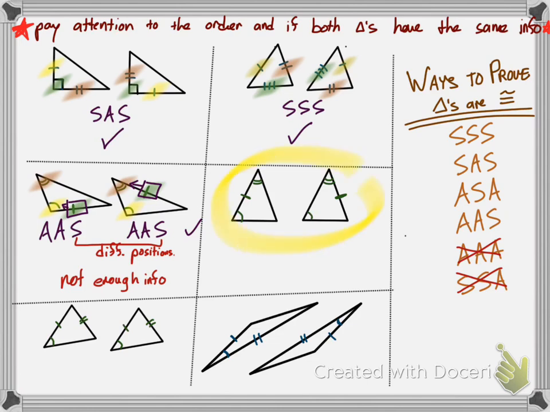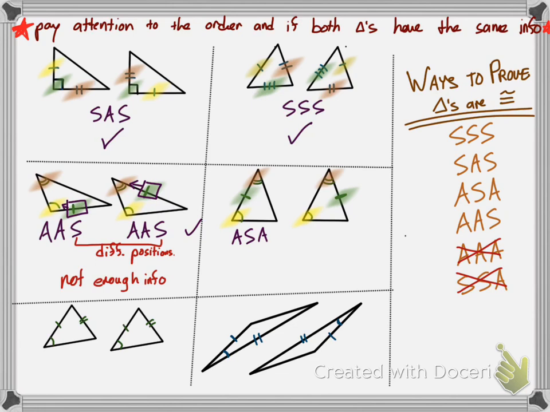Moving to our fourth example. As we're looking at our angles, we have a pair of angles here. We have a pair of sides. And we also have a pair of angles, 2 pairs of angles, and a pair of sides. Now, as we write down the shortcut for each triangle, for the left triangle, we have angle, side, angle.